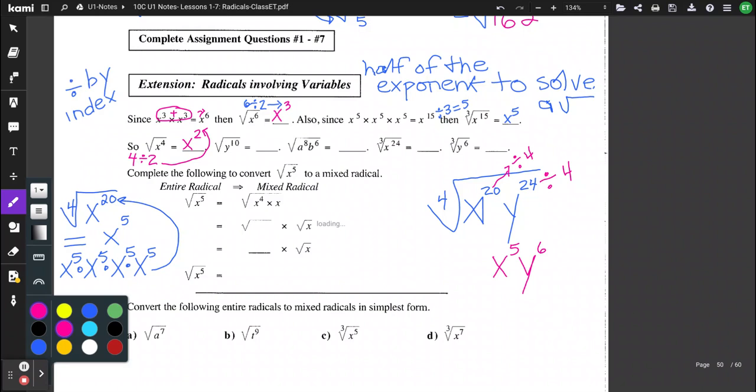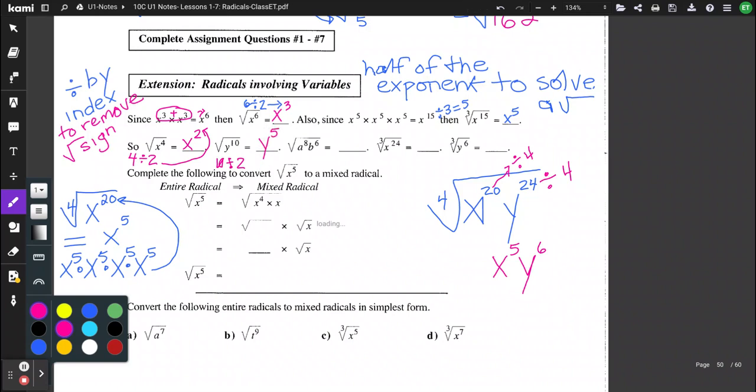So we're dividing by the index to remove the root sign, to remove the radical sign. That's the whole point we're doing this. We want to remove that root sign, which means we're solving it. So y to the 10. We're going to divide by what? What's our index there? 2. Good. Whenever it hides, it's an index of 2. So that's going to give us y 5.